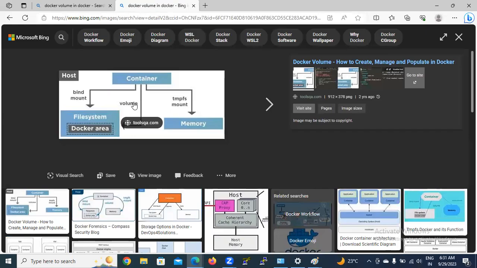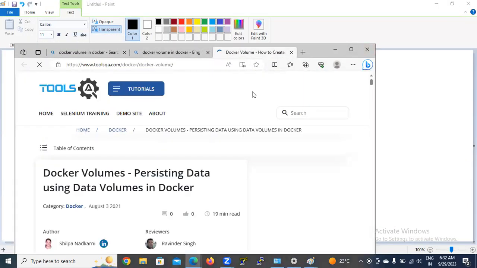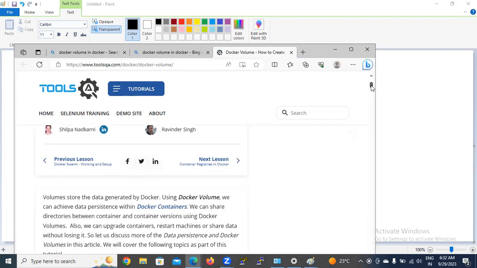Second is volume. Third one is tmpfs mount. Okay, so we have three options. We will see how we can create them in this class. It is very simple and easy to understand.